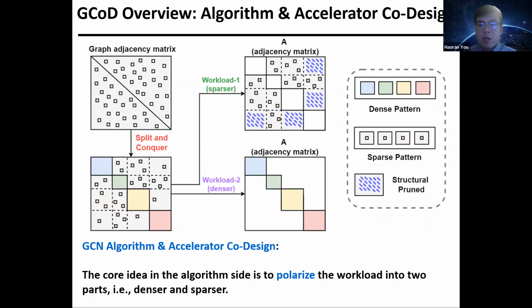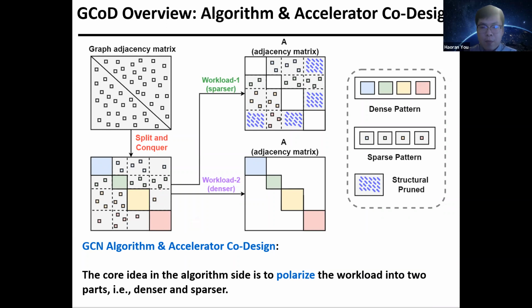This slide shows the overview of the proposed GCoD algorithm. As we can see from the visualization, the original adjacency matrix is very irregular, as the non-zero values are randomly distributed. While after adopting our split and conquer training algorithm, most of the non-zero values will be aggregated along the diagonal line.